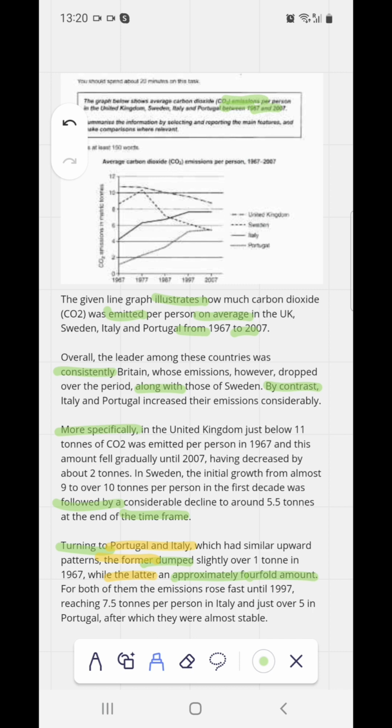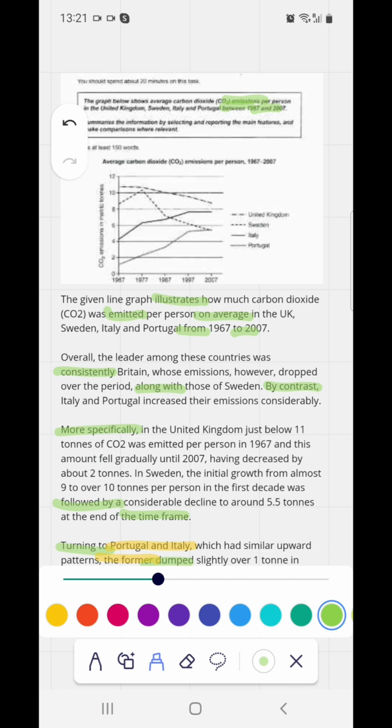So next, reaching, like moving upwards and reaching 7.5 tons, just over, to say that it grew more than, to reach more than 5 tons, but not a lot more. And stable is also useful.